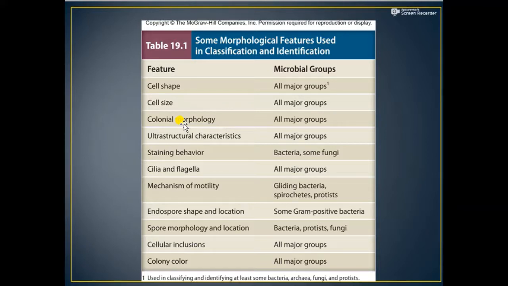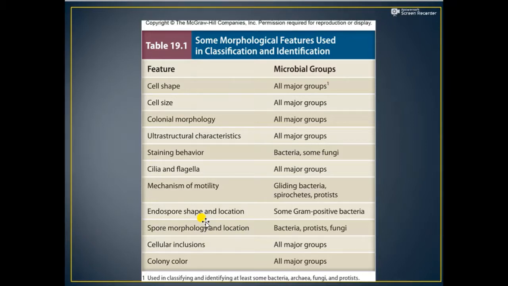And the ultrastructural characteristics. Ultrastructure means how it is inside the cell. The staining behavior of the bacteria, whether it has cilia and flagella, how it moves, like whether it has a gliding motility or a spiral movement, or what the endospore shape and location are. An endospore is a spore which has been formed within the bacteria. These endospores could be central, or sometimes at one end.